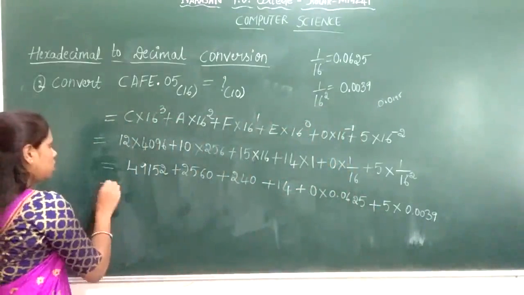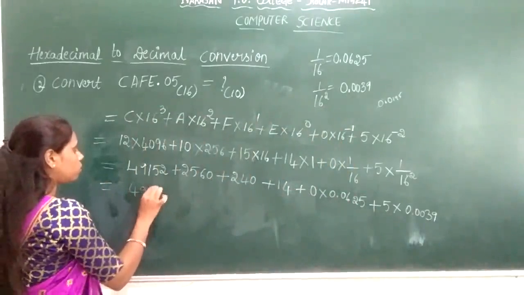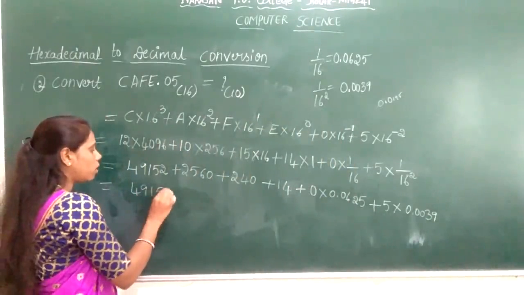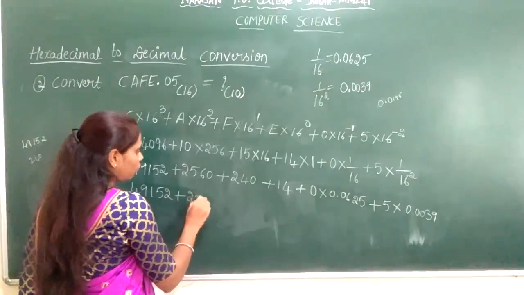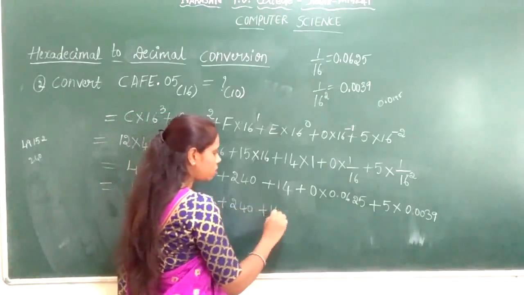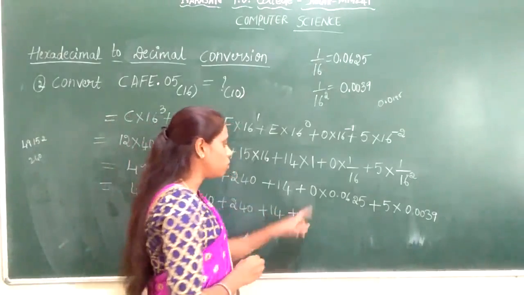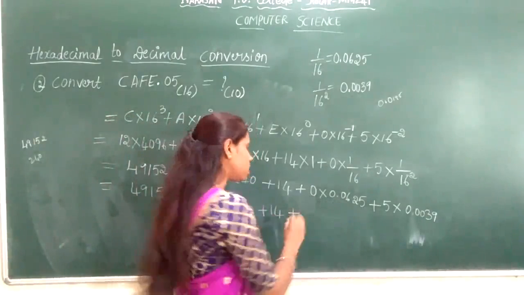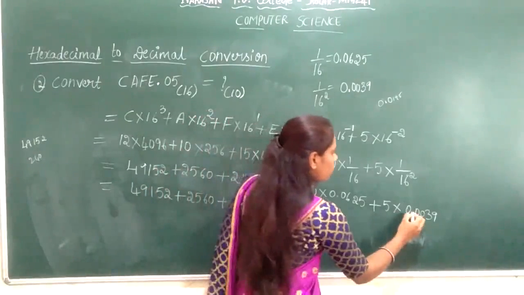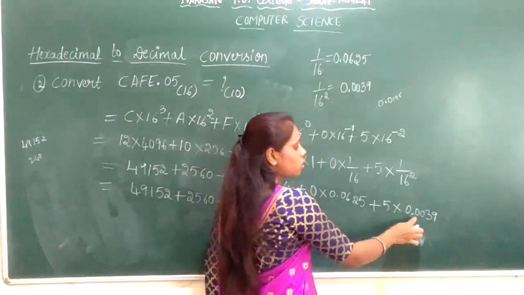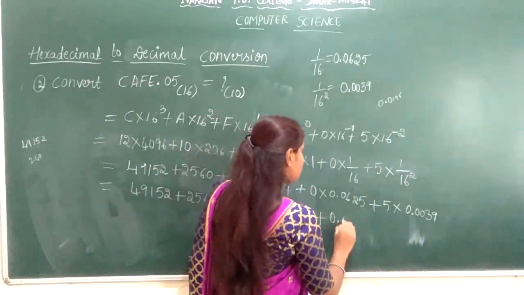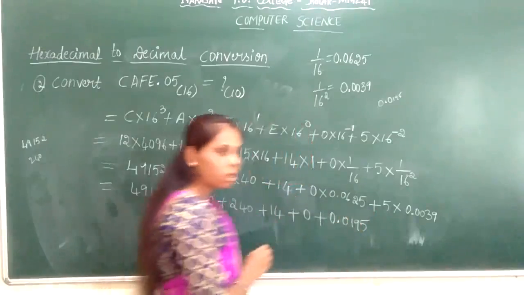Next, again I will write the number as it is, 49152 plus 2560 plus 240 plus 14 plus, now 0 into 0.0625 is 0 only, plus 5 into 0.0039. 5 into 0.0039 is 0.0195.